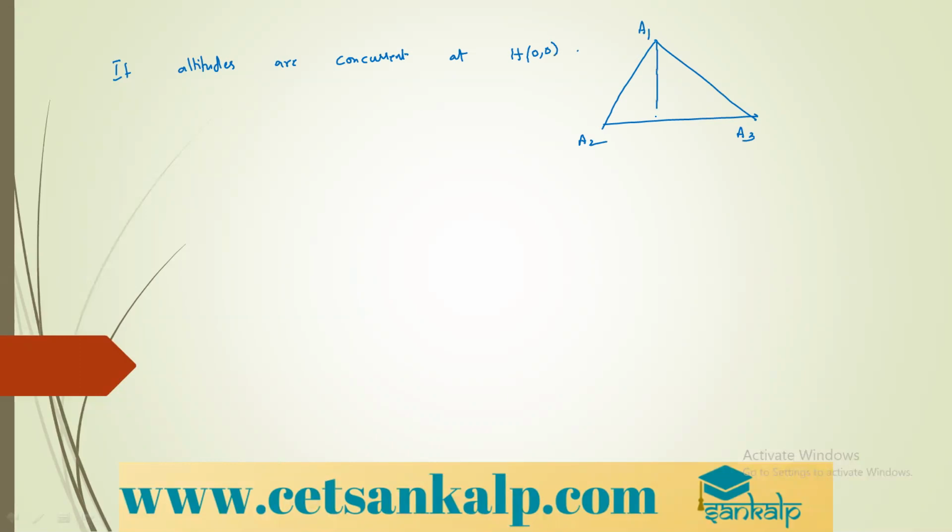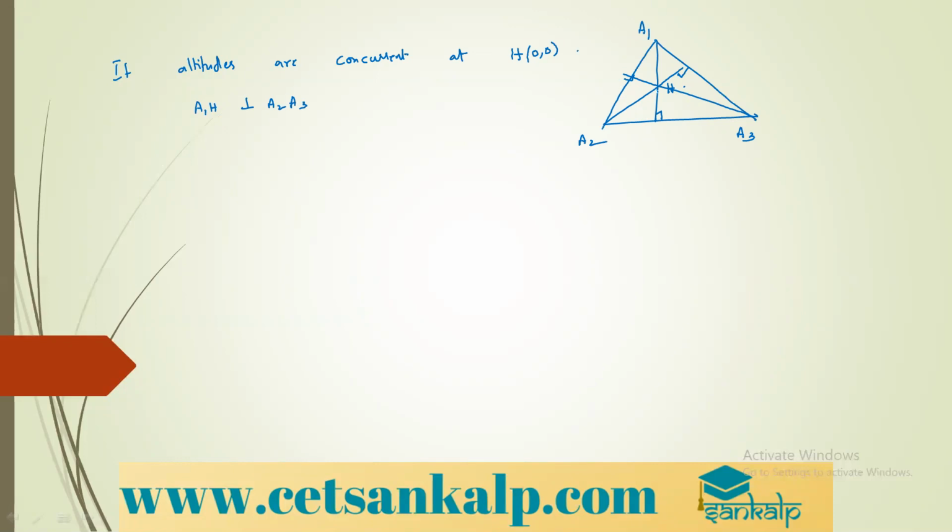I am drawing altitude, I am drawing altitude, and I am drawing altitude. So this is H. So I can say that A1H is perpendicular to A2, A3.